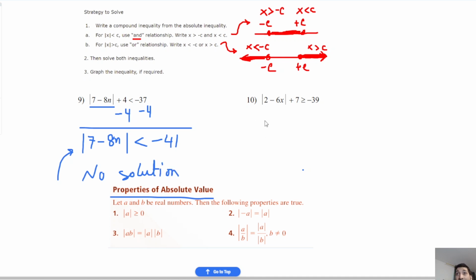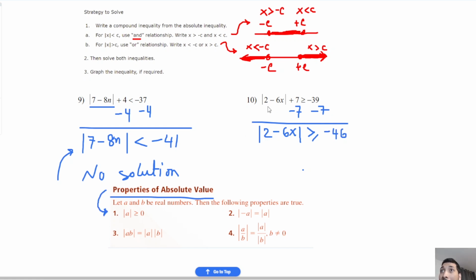Let's look at number 10 here. We have the absolute value of 2 minus 6x plus 7 greater than or equal to -39. So first we isolate this absolute value quantity, and we do this by subtracting 7 from both sides. If you subtract 7, we get the absolute value quantity of 2 minus 6x greater than or equal to -39 minus 7, that is -46.